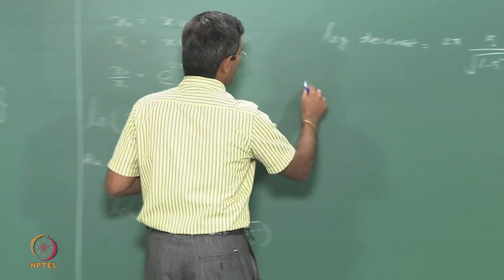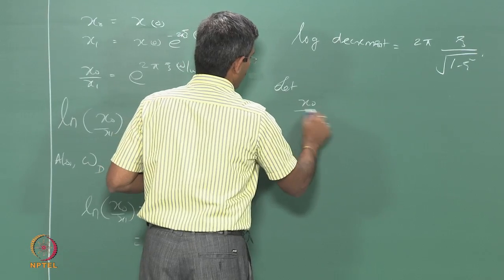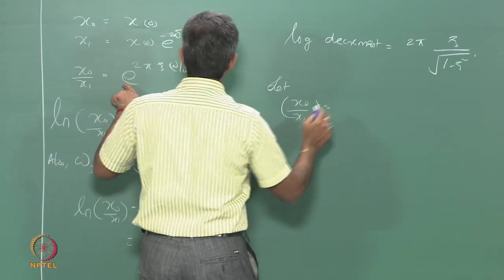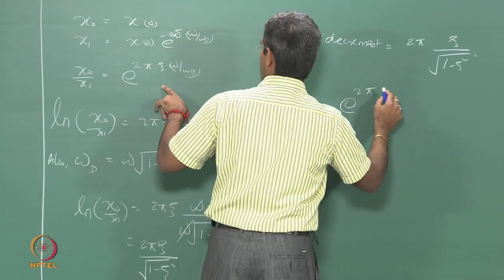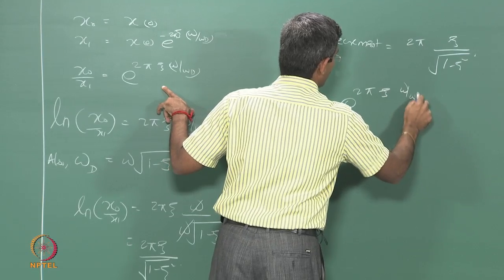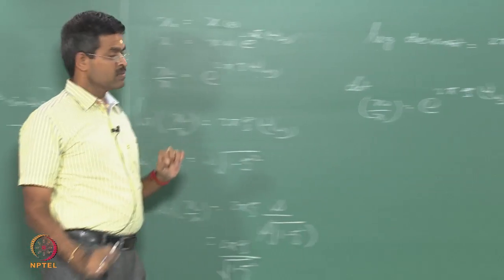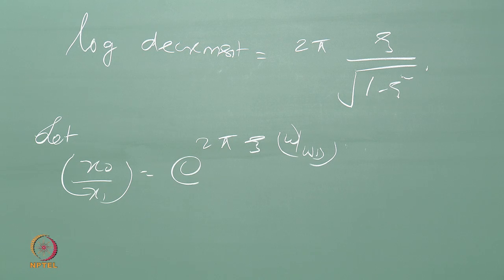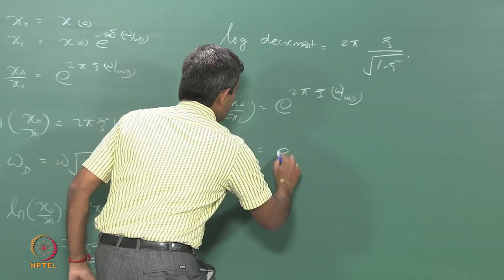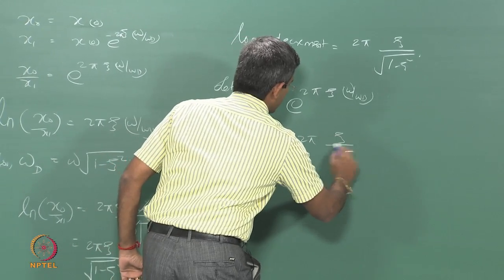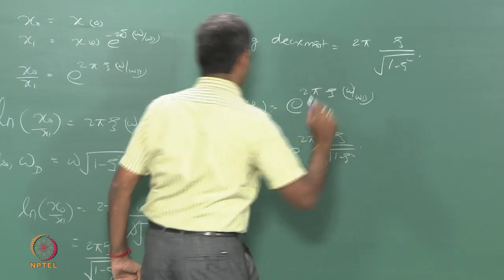Let x0 by x1 be e power 2 pi zeta omega by omega d. We know this, or e power 2 pi zeta by root of 1 minus zeta square.